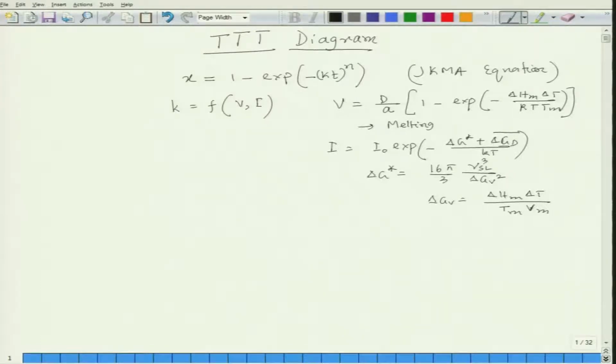Now, in the previous phase we tried to measure this V, because in case of melting at least we know del Hm, we know the undercooling where the transformation is taking place, we know the melting temperature, R is the universal gas constant, D is the diffusivity, and in case of melting this diffusivity can be related to viscosity.